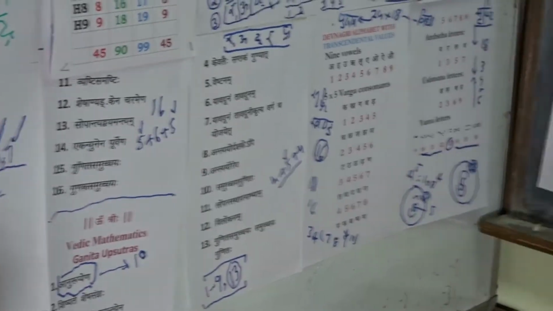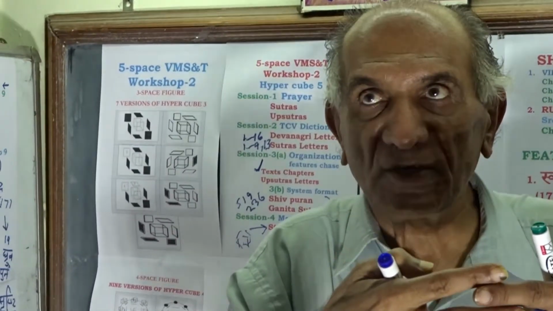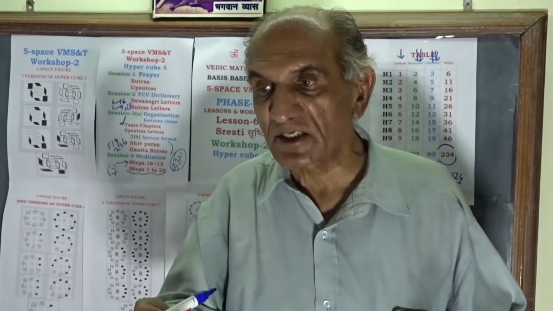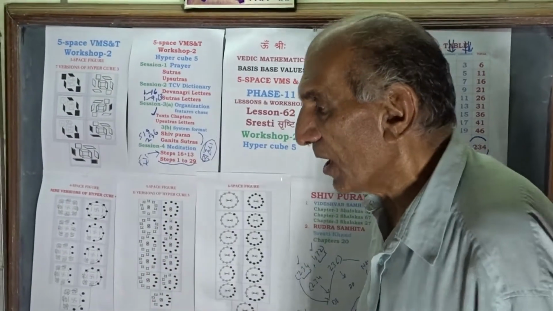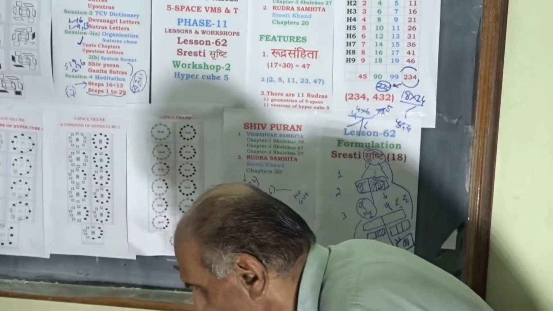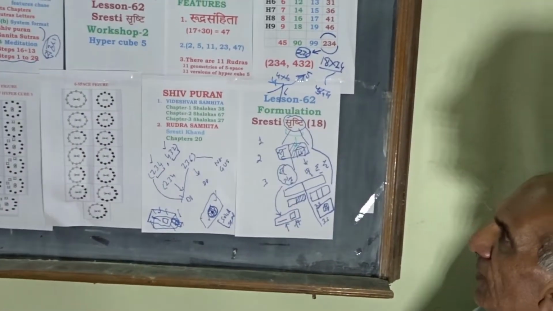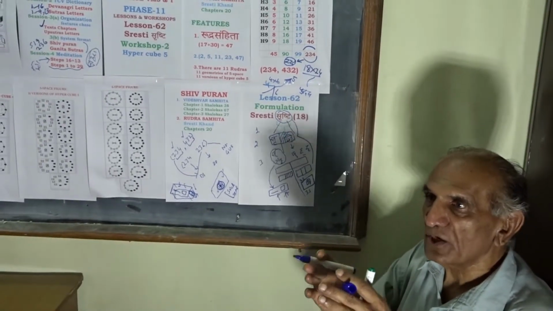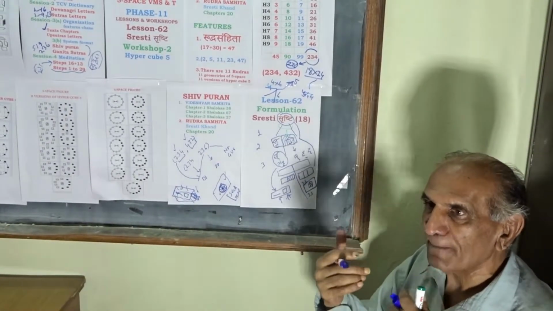So see how these all aspects are interconnected. See how this organization is unfolding itself. Therefore, during our workshops, we have to be very concentrative, and it is this concentration which is really going to be of real help to us.